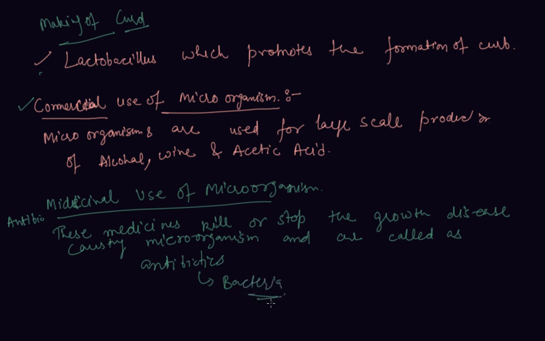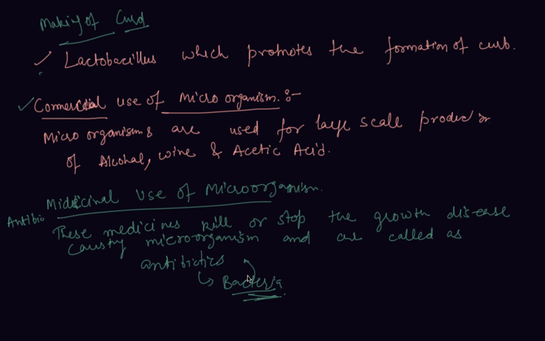Have you ever heard that iron kills iron, means you can break iron with iron. In this way, similarly, bacteria are used to kill microorganisms. So this is the way in which we are using it for medical use. Okay, now comes increasing soil fertility also. This I have told you in my previous chapter of crop production.